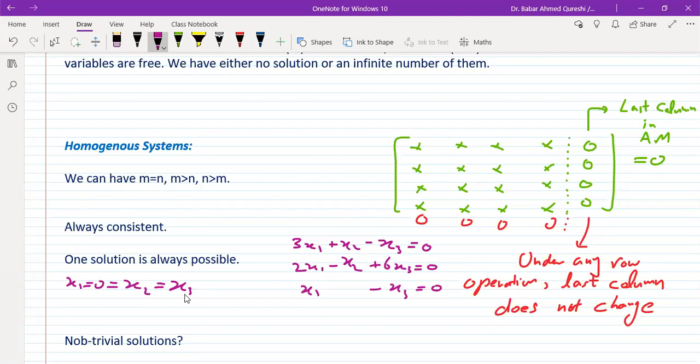As long as I take all these variables equal to 0, I get zeros on the left hand side. And since the right hand side is already zeros, I always have this solution available. So one solution is always possible, and this is called a trivial solution.